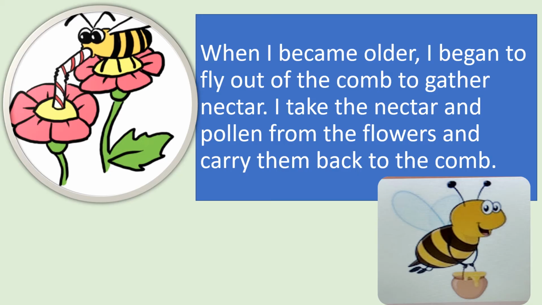When I became older, I began to fly off the comb to gather nectar. I take the nectar and pollen from the flowers and carry them back to the comb. Now in this para you will underline nectar and pollen.